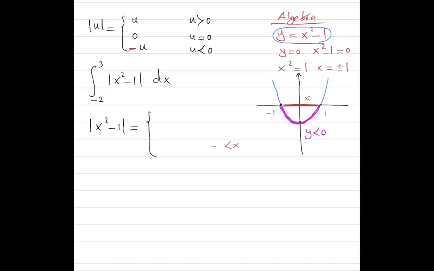It means that I have to multiply this quantity by a negative sign. When x is equal to -1 or 1, my y value is 0. And in any other interval, your y is positive.